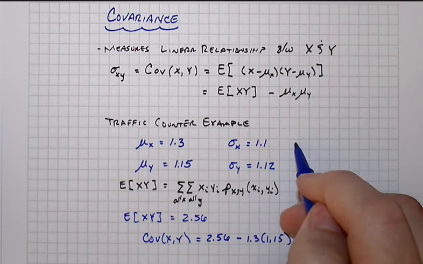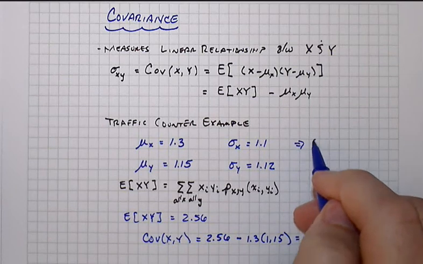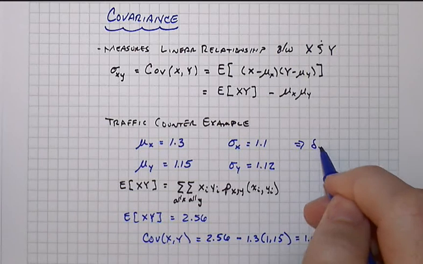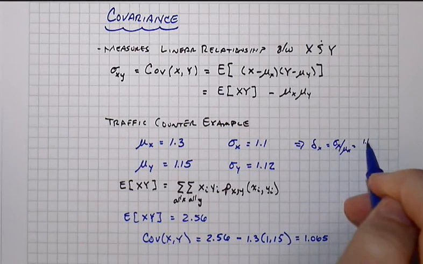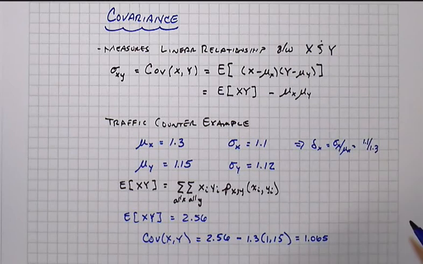So our normalizing condition there led to the COV, coefficient of variation, being the standard deviation divided by the mean, which was 1.1 divided by 1.3. That was how we normalized and got some sense of the relative dispersion.